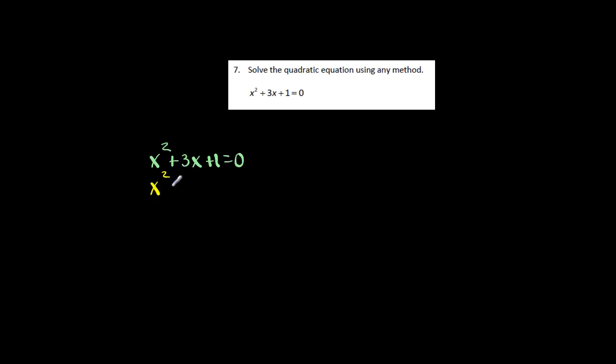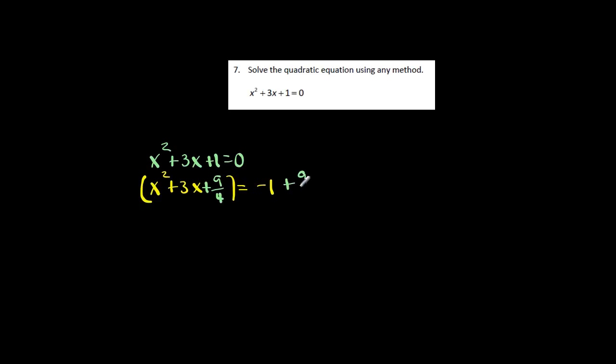So first thing is moving the constant. Next thing would be factoring out the lead coefficient. It's 1, so you don't have to do that. So we leave a space. You fill in this space by taking half of that and squaring it. Half of that is 3/2. Squaring it would be 9/4.